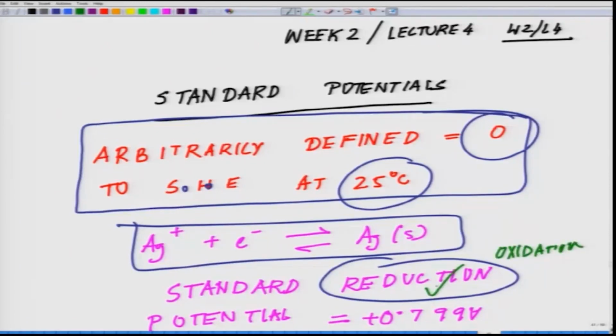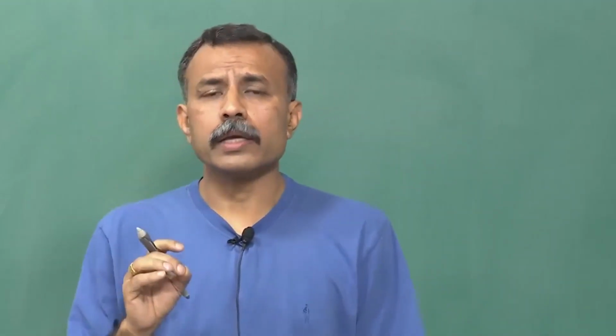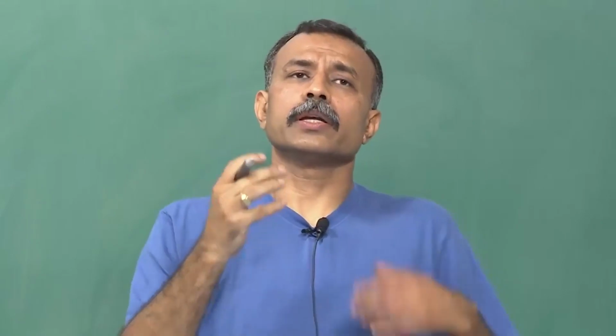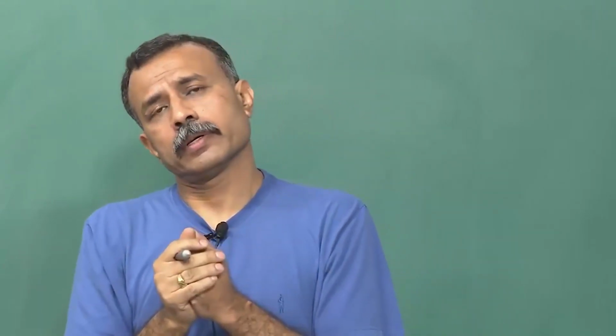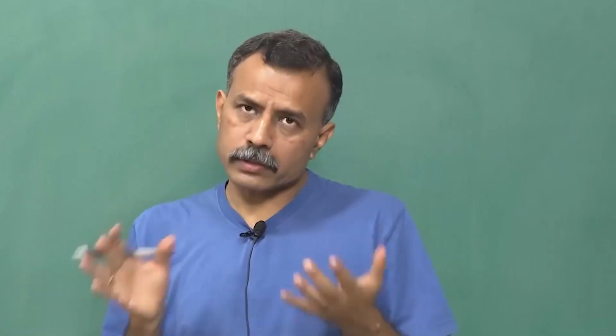The general thumb rule which most of the books will follow, and I am going to follow, is standard reduction potential. In other words, what is the potential with which it can pull an electron towards it instead of giving away electron. So we are not dealing with this, but theoretically, yes, you can always talk like that.